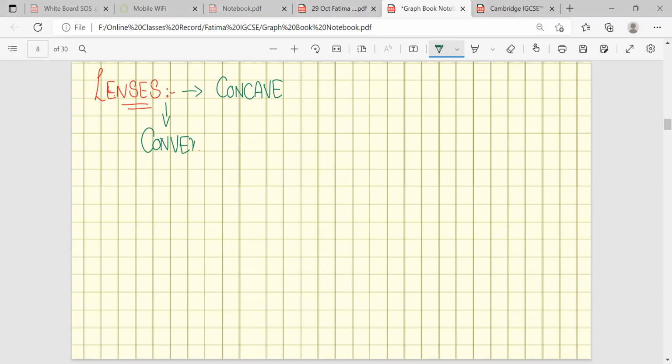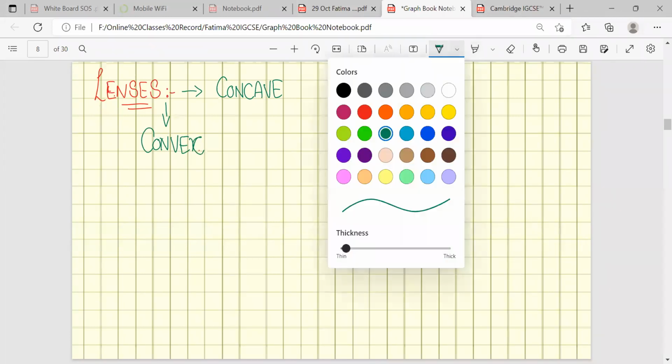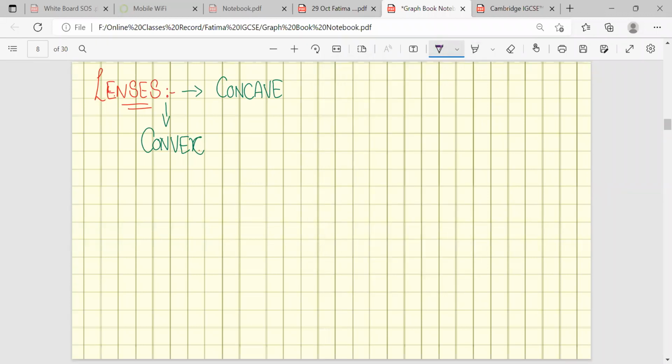Okay. First, if we discuss the structure of these lenses, concave lenses are like this. They are thin at the edges, right?